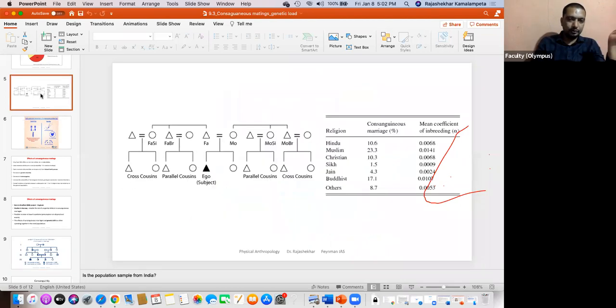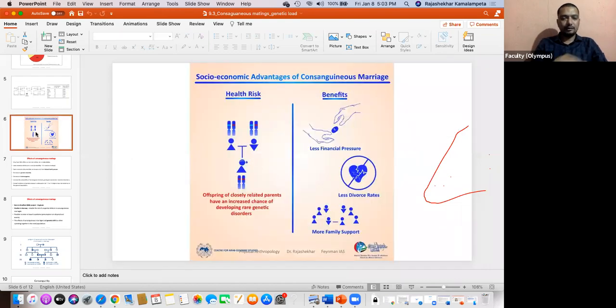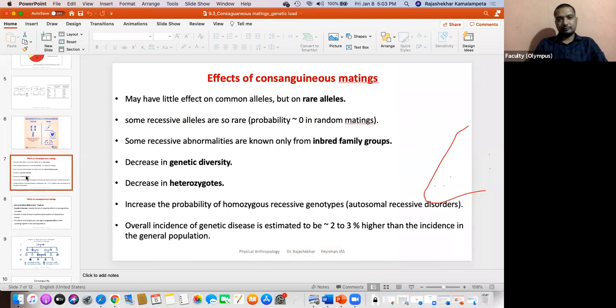For that, you can study things like cross cousin and parallel cousin marriages, first cousin and second cousin marriages. And you can show information on how common this is in different religions and what studies are showing. And what are the impacts or benefits of consanguineous marriages, and what are the negative impacts of consanguineous marriages.